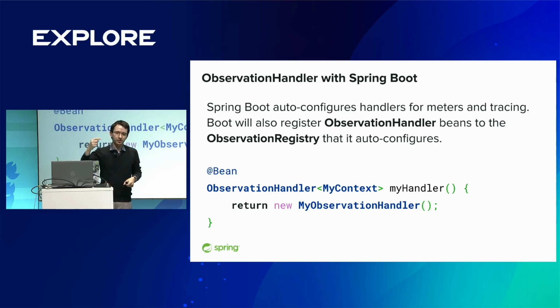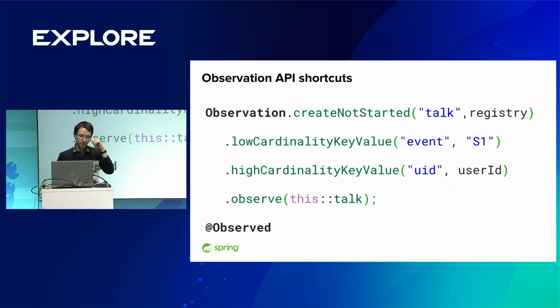Hey, I want tracing by just registering a handler for it. Or I want a totally custom thing by just registering a handler for it. It is basically a bean. If you create an observation handler bean, Spring Boot will auto-configure it for you. It will register it, and it will be used and notified when these events are happening. Without touching the instrumentation, that's very important. You can get multiple benefits out of it like this.